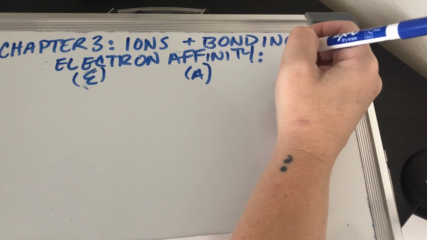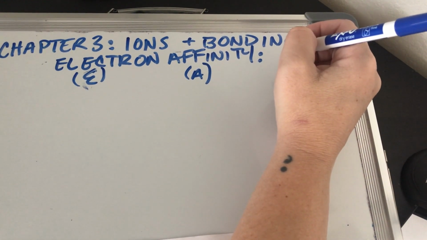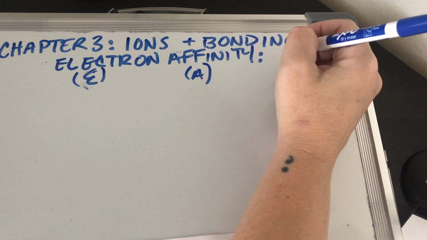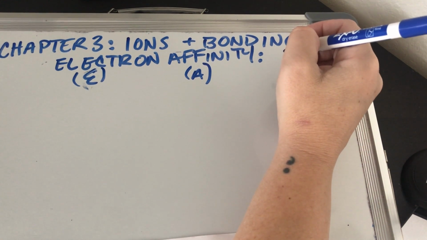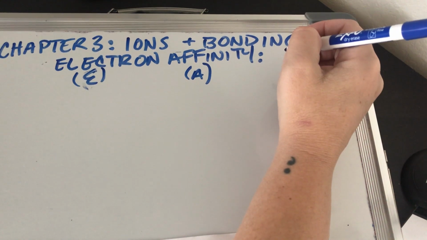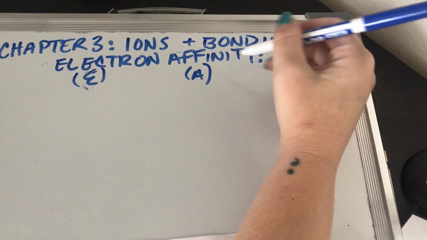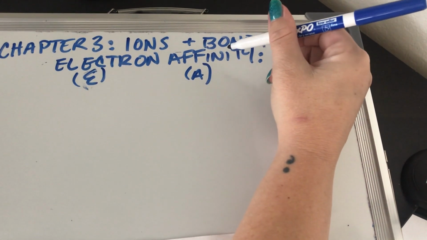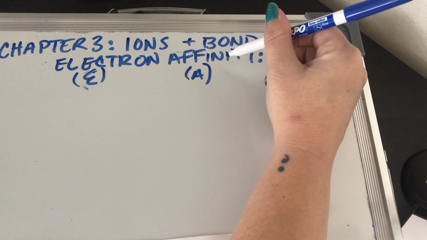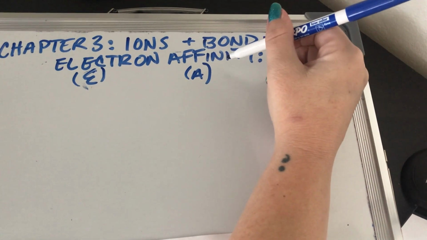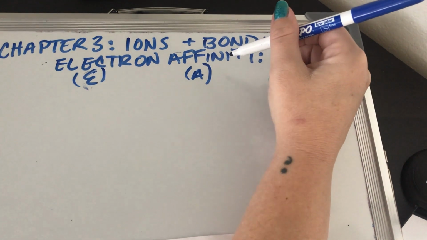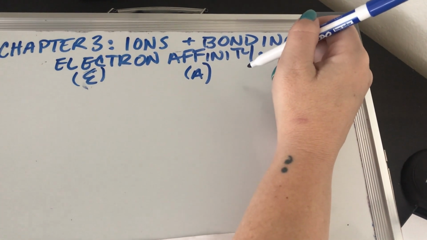What does affinity mean? Attraction to, right? So it's a liking of. This is exactly what it sounds like. It's how much do elements like their electrons, essentially? How attached to them are they? Does that make sense?